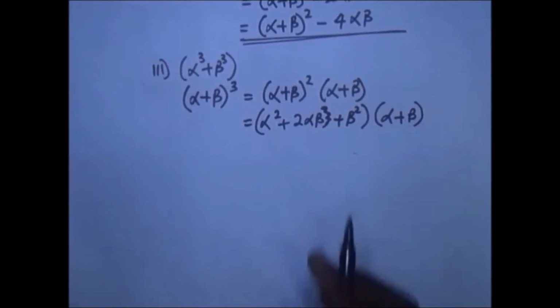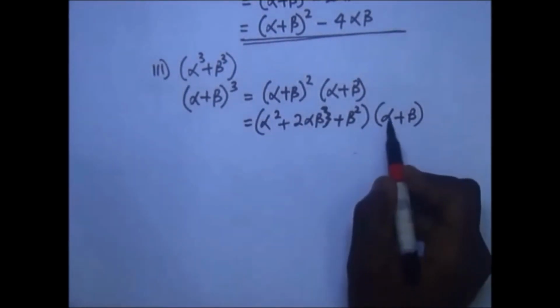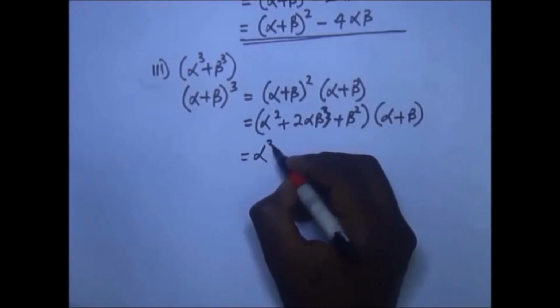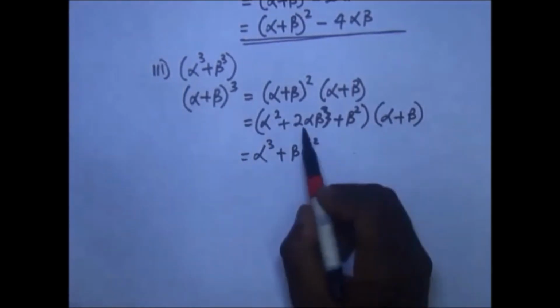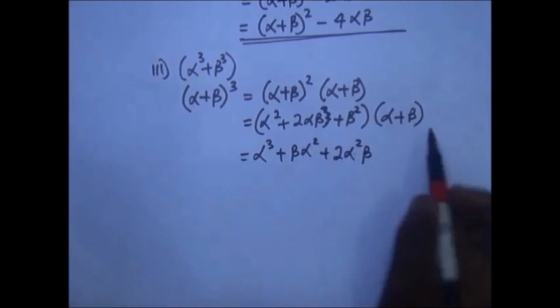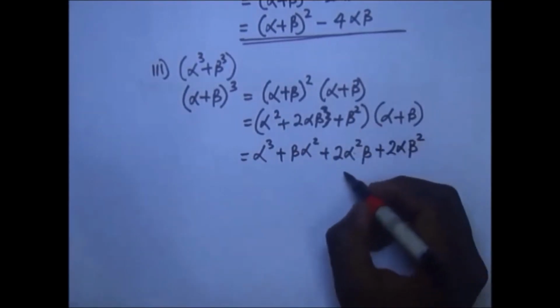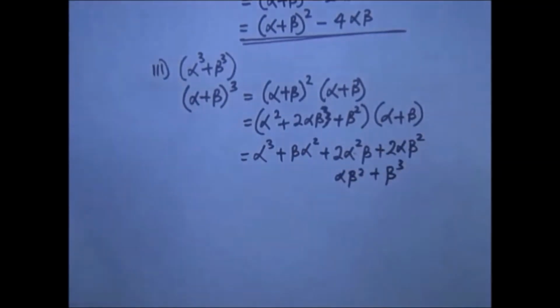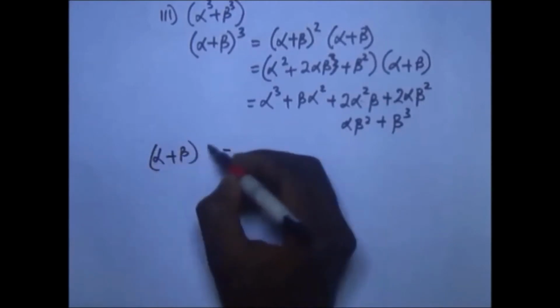So we open these brackets. This times that is going to be alpha cubed plus beta. Let's rewrite this down.